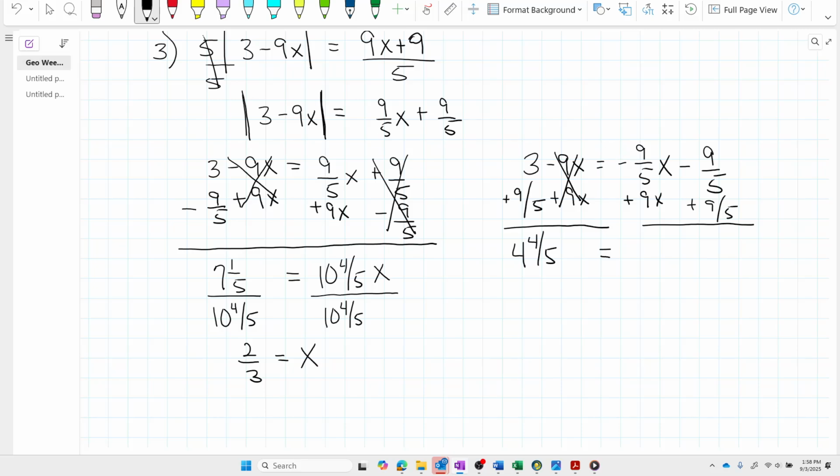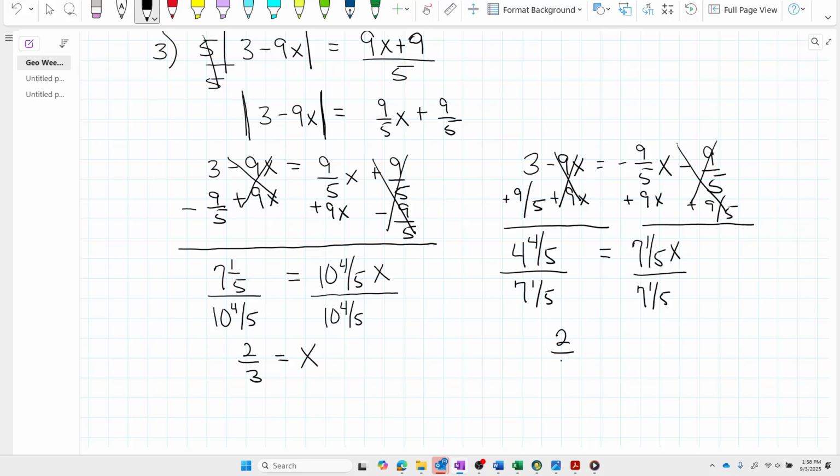And negative 9/5 plus 9 is 7 1/5 x. And these 9/5 here cancel. So we're going to divide each side by 7 1/5. So 4 4/5 divided by 7 1/5 equals 2/3 as well.